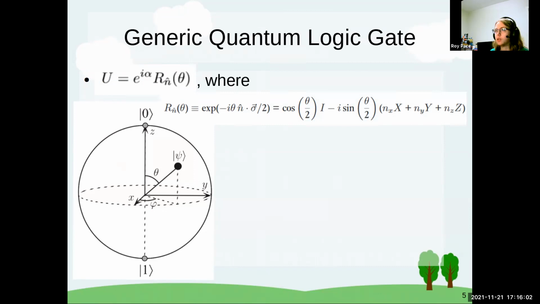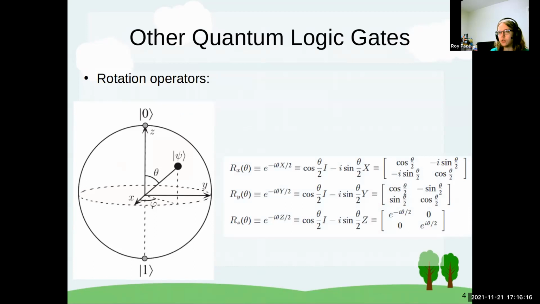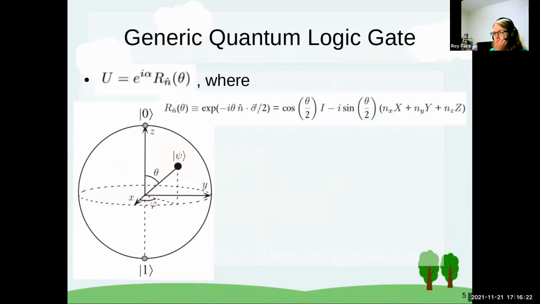So that's what n hat is. And then to actually calculate that, you take the components of the vector and multiply each by the respective Pauli gate. It's identical to the rotation about x and y, just for a generalized unit vector. So you can rotate anywhere on the sphere using this formula.